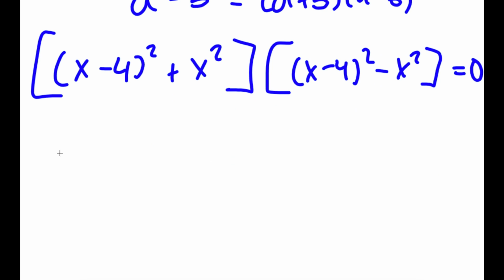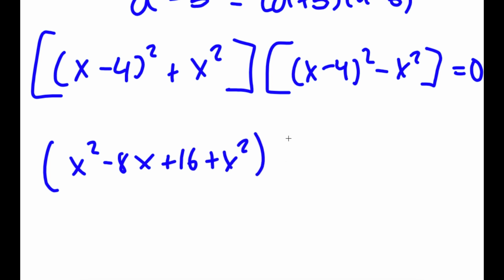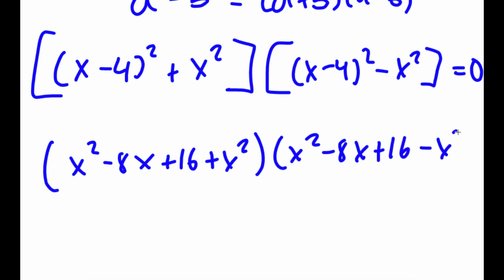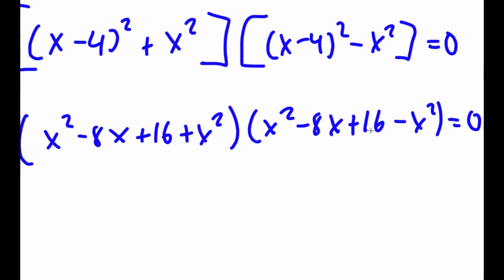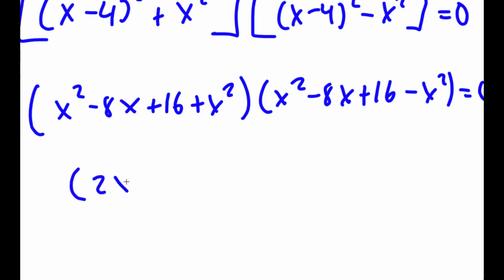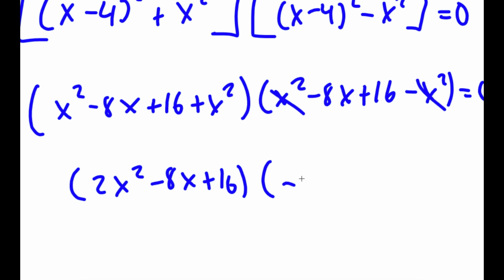Now, if I expand this, I get (x^2 - 8x + 16 + x^2) times (x^2 - 8x + 16 - x^2) = 0. So this gives me (2x^2 - 8x + 16) times, these two cancel out, (-8x + 16) = 0.